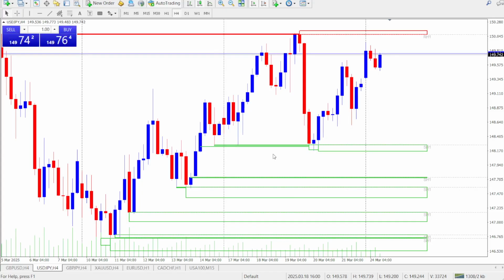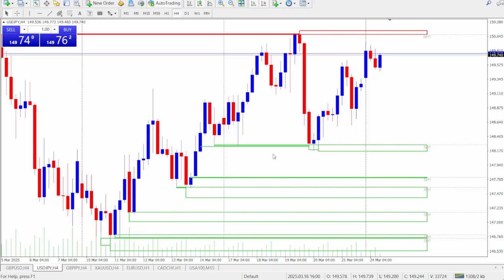If you have ever struggled with drawing support and resistance levels, or you are tired of doing it manually, then this indicator is going to change the way you trade. As you can see, it automatically identifies support and resistance zones on your chart.